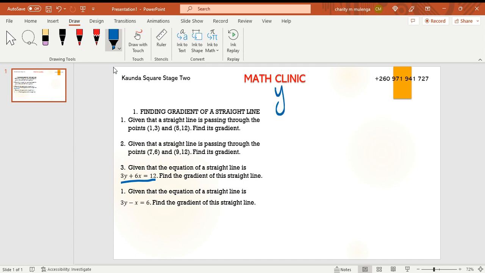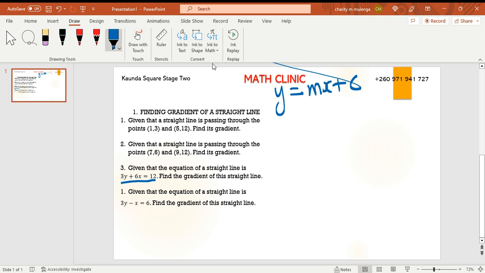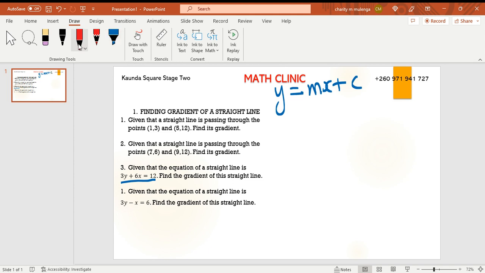Rather, we're going to use the equation y = mx + c. Meaning, if you have an equation like this, 3y + 6x = 12, it means y must be made the subject.